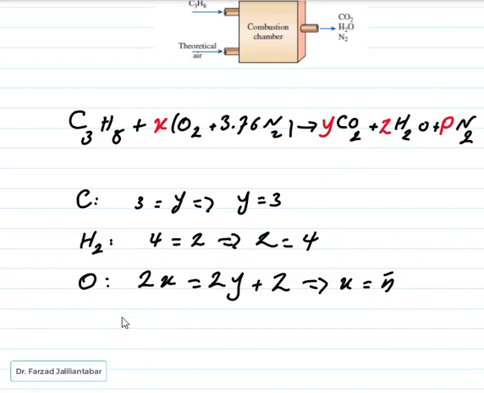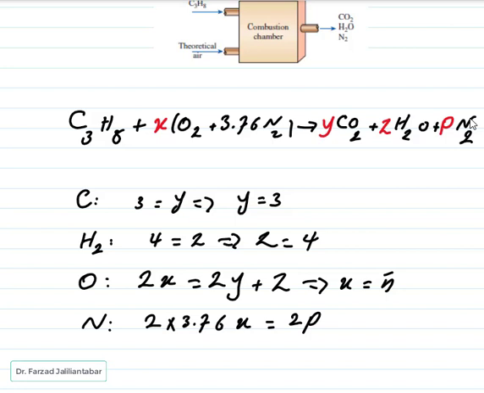What about nitrogen? For nitrogen it is better to write it like this: 2 times 3.76 times X equals 2P.